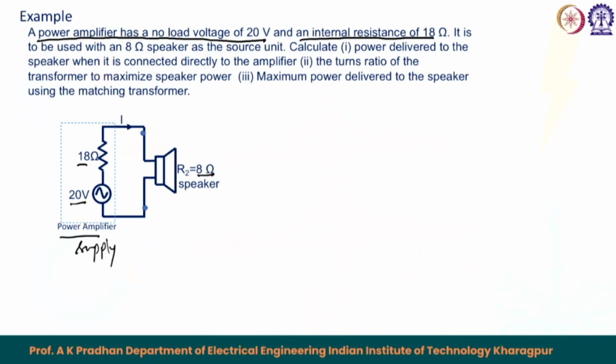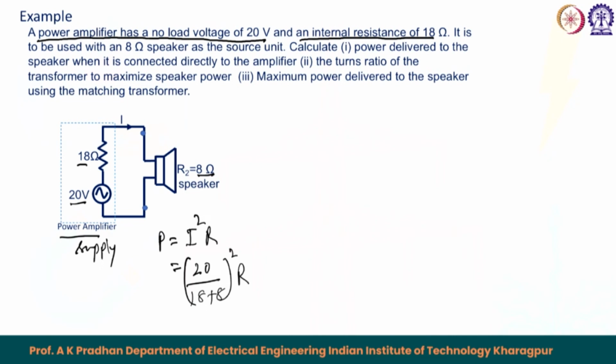Calculate the power delivered to the speaker when it is connected directly with the amplifier. The power becomes I square R, where I equals 20 upon 18 plus 8, into R.